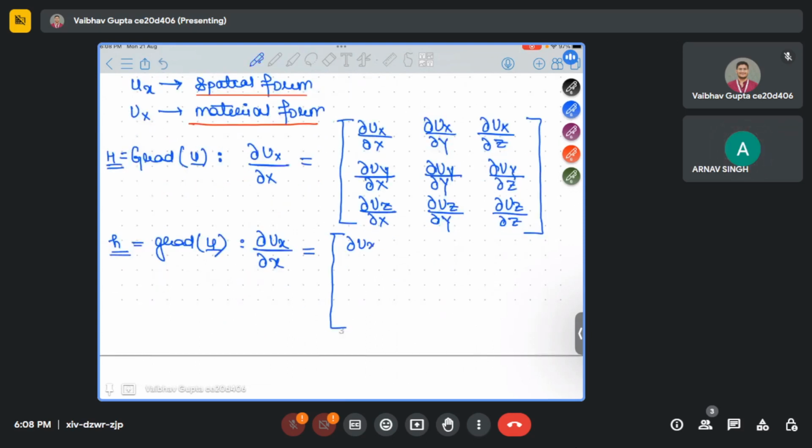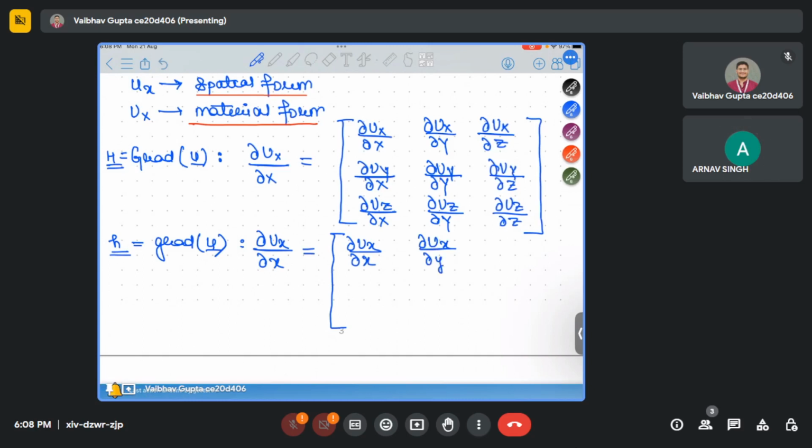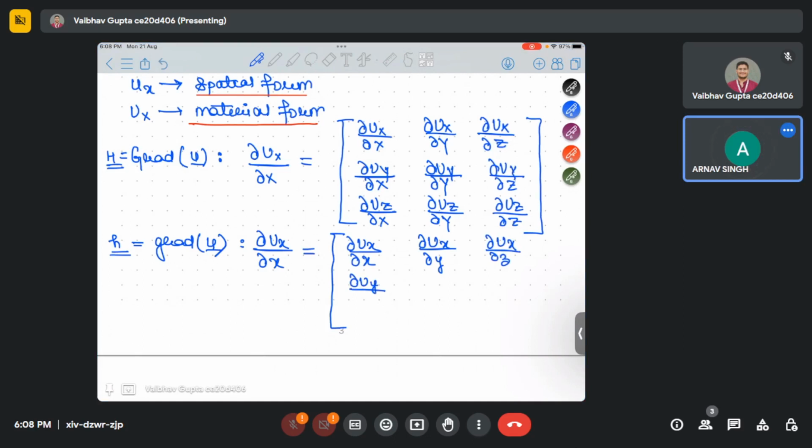So I'll write this for completion. That's why I'm using small x, small y also, so that you won't get confused.